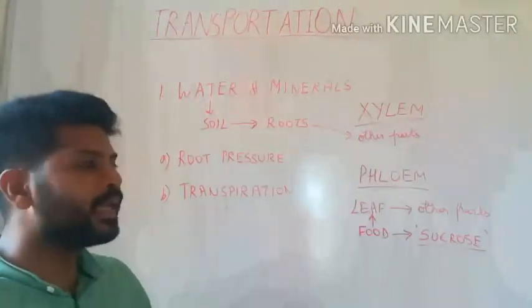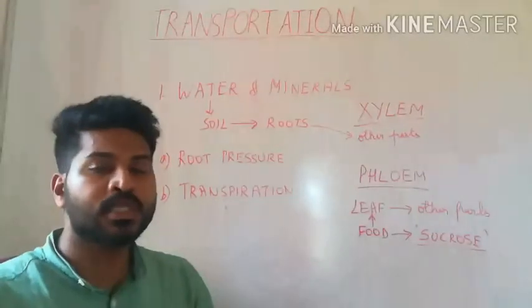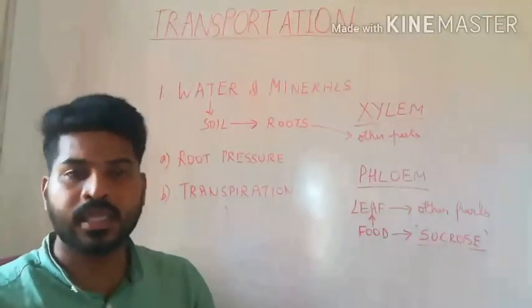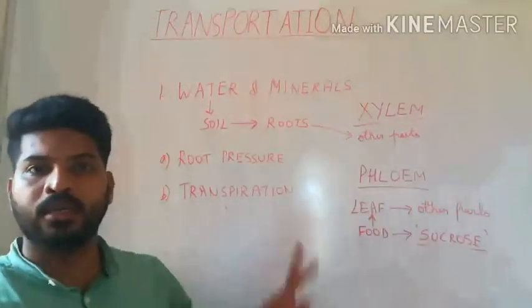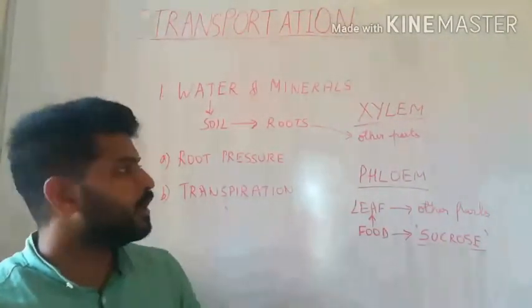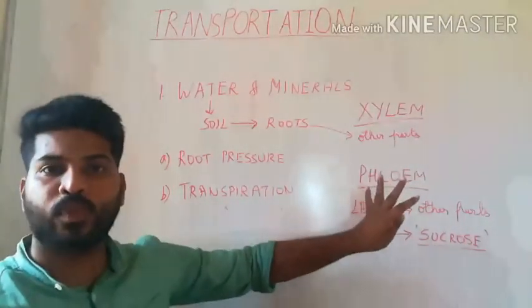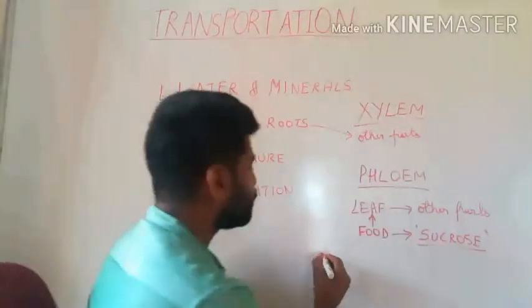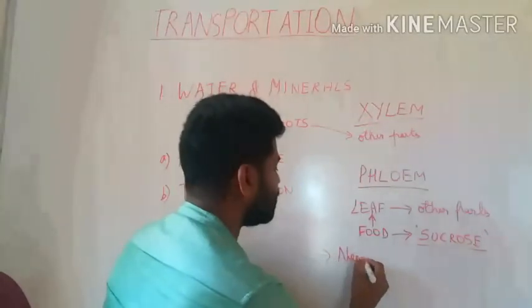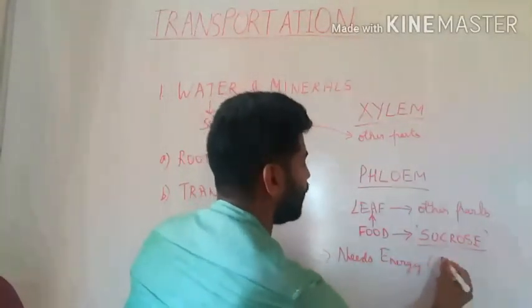Phloem also contains hollow tubular structures called sieve tubes and companion cells through which food is transported. The only difference between xylem transport and phloem transport is that phloem transport needs energy in the form of ATP.